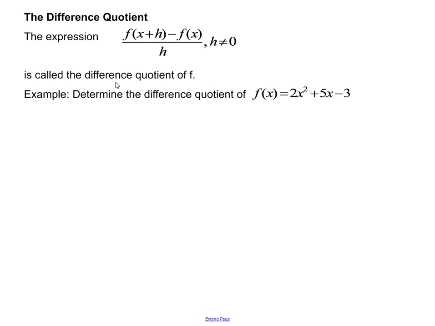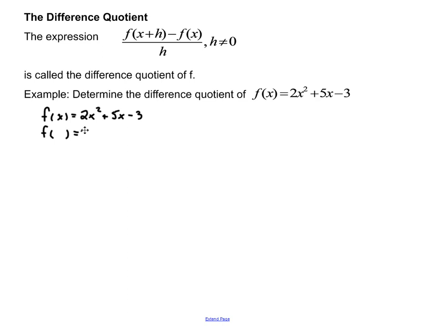Now, let's just go through the mathematics here and determine what all of this means. When we say f of x plus h, remember that the function notation is such that whatever value of x you substitute in for x, so if I have 2x squared plus 5x minus 3, it means that anywhere you see x, you're going to substitute in that value to determine the value of the y, to determine the value of the function.